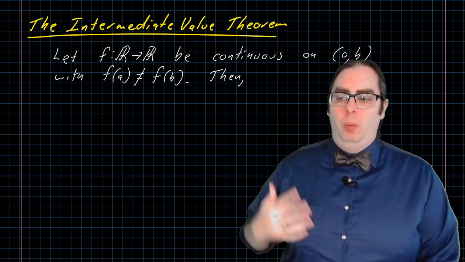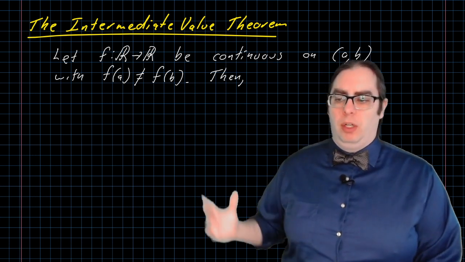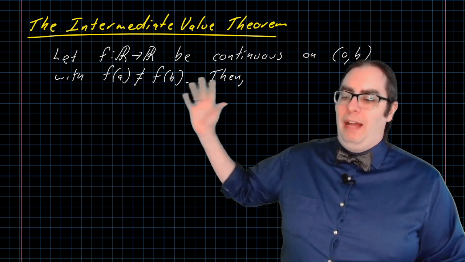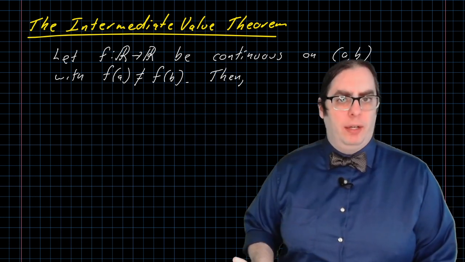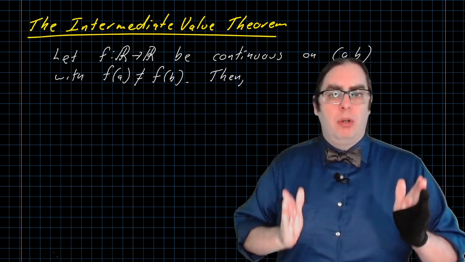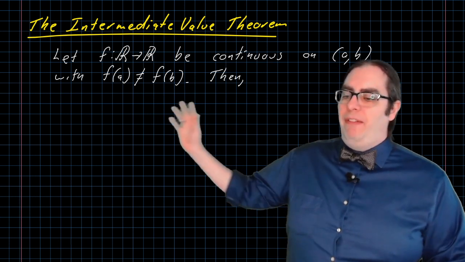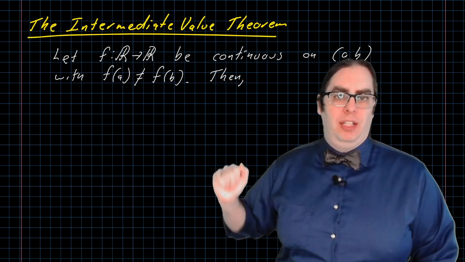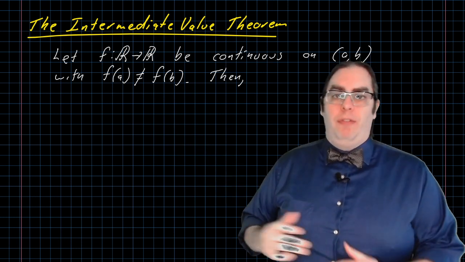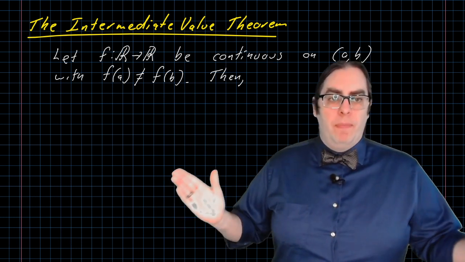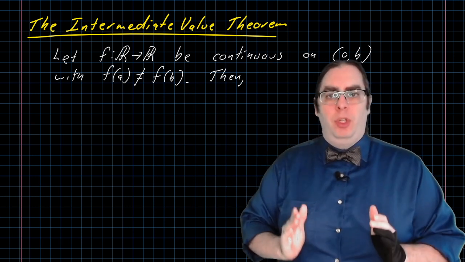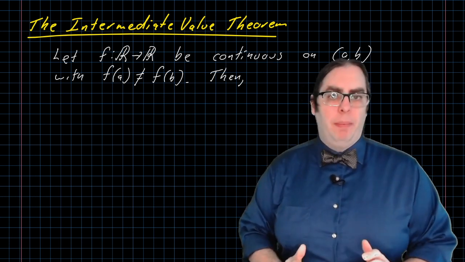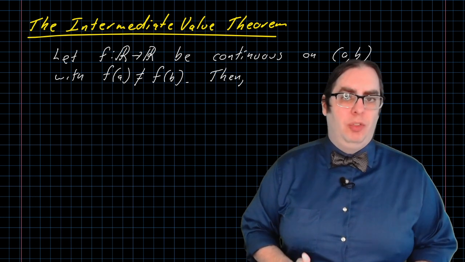Generally speaking, when we're going to use the intermediate value theorem, we want to have a function that's continuous everywhere. And then we want to narrow our view. We have a couple of particular points, a and b, where the value of the function is different. So if the function is continuous everywhere, if we narrow our view down to just the points that we care about, the function has to be continuous there as well.